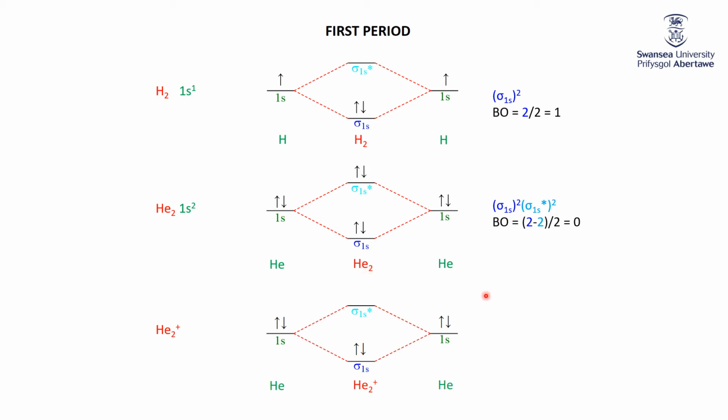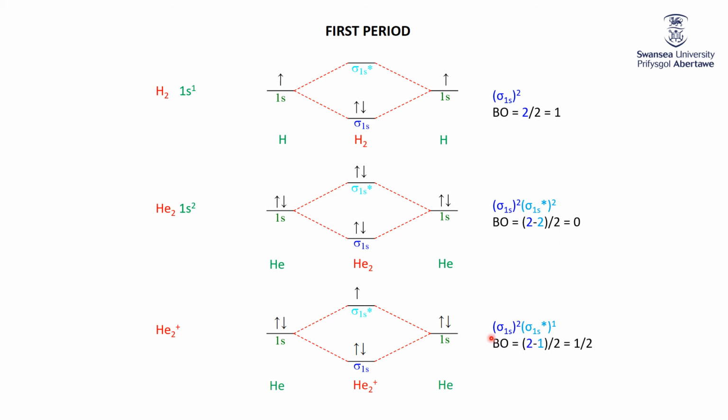But it's not He2, it's He2+. So that means there are only 3 electrons. 2 go into the sigma 1s, and the 3rd electron, because 4 minus 1 is 3, goes into sigma 1s star. So therefore the electron configuration of He2+ is sigma 1s2, sigma 1s star 1.